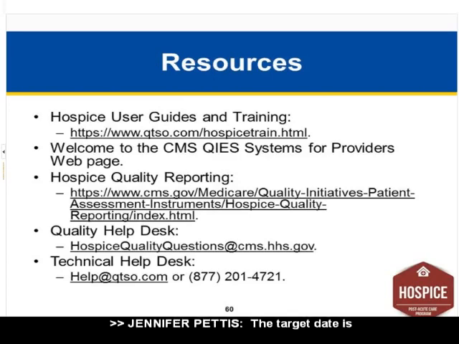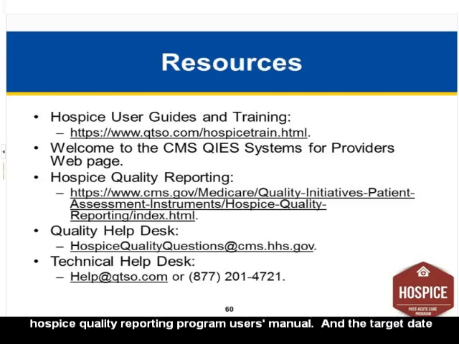The target date is documented in the Hospice Item Set-Based Quality Measures for the Hospice Quality Reporting Program User's Manual. And the target date for a record is defined as follows. For an admission record, when A0250 reason for assessment equals 1, the target date is equal to the admission date, so the date documented in A0220, and that's the admission target date.